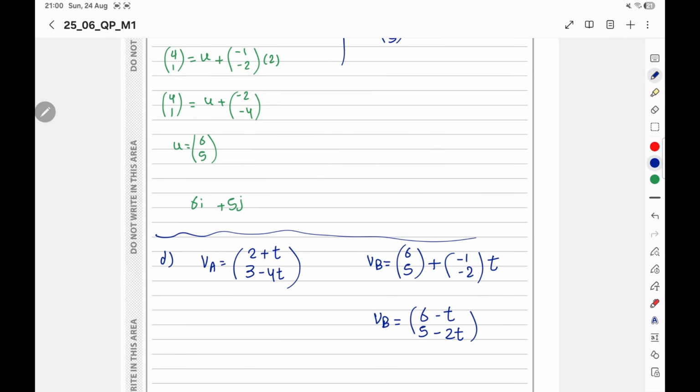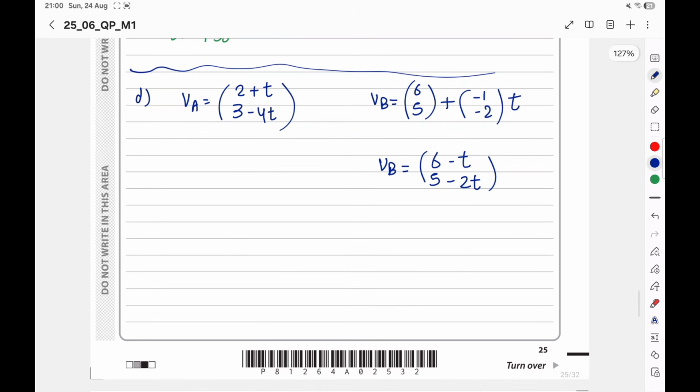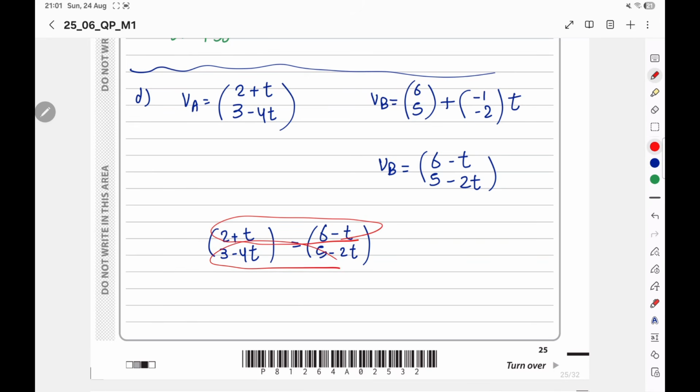If the question mentioned same velocity, find the time when both particles are moving with the same velocity, I would just equate them: (2 plus t, 3 minus 4t) equals (6 minus t, 5 minus 2t), and make i equal and j equal.